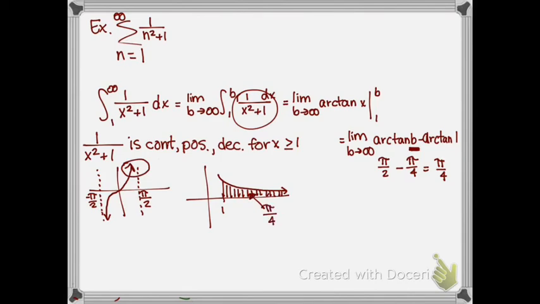So what does that tell us? Well, since our integral converges, therefore we can conclude that the series from n equals 1 to infinity of 1 over n squared plus 1 converges by the integral test.